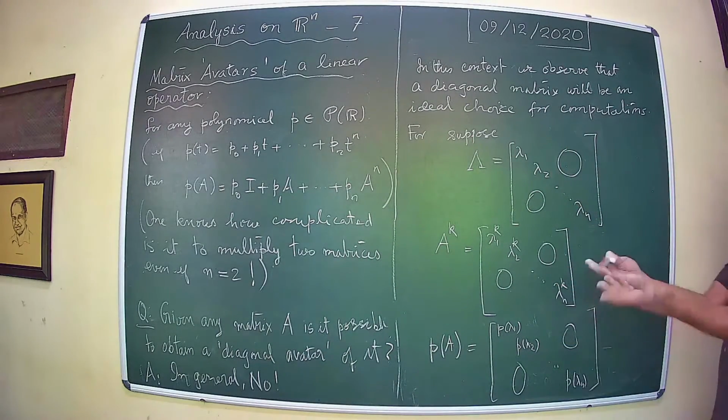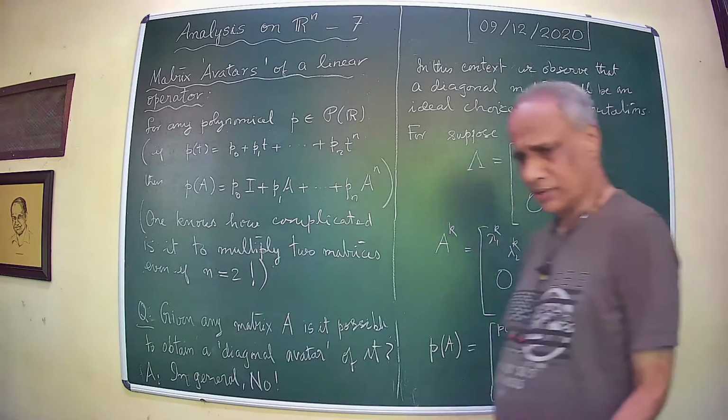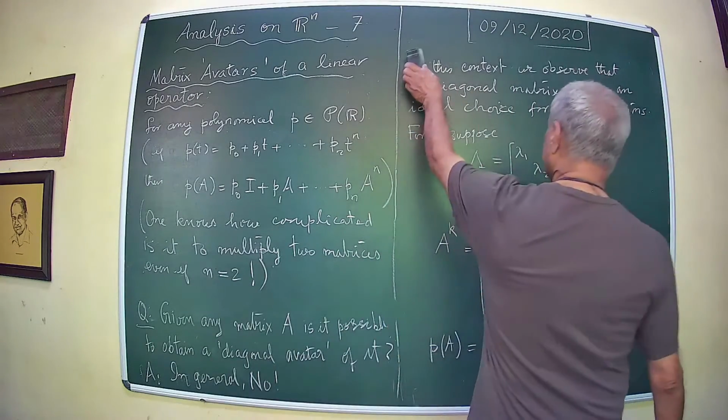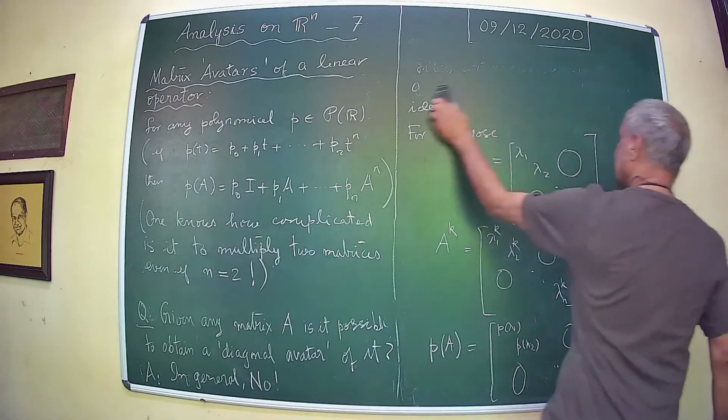So certainly there are matrices which are not diagonalizable. In fact, one can simply see that in R2.